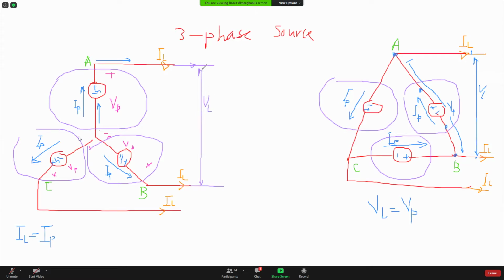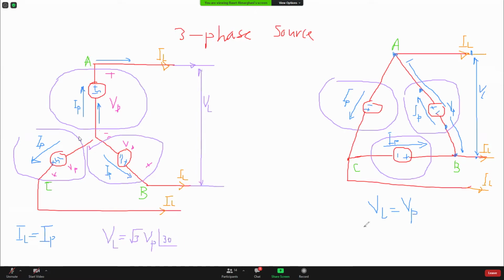Now here, the line voltage does not equal the phase voltage, because this point is connected to one phase, this is connected to another phase. Last time we said V line here is going to be square root of 3 V phase. And when we do the angle, we're going to get plus 30 degrees.